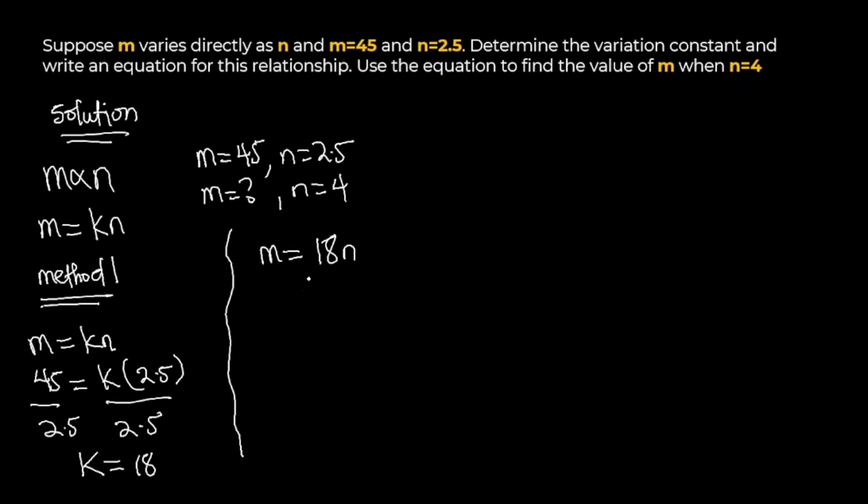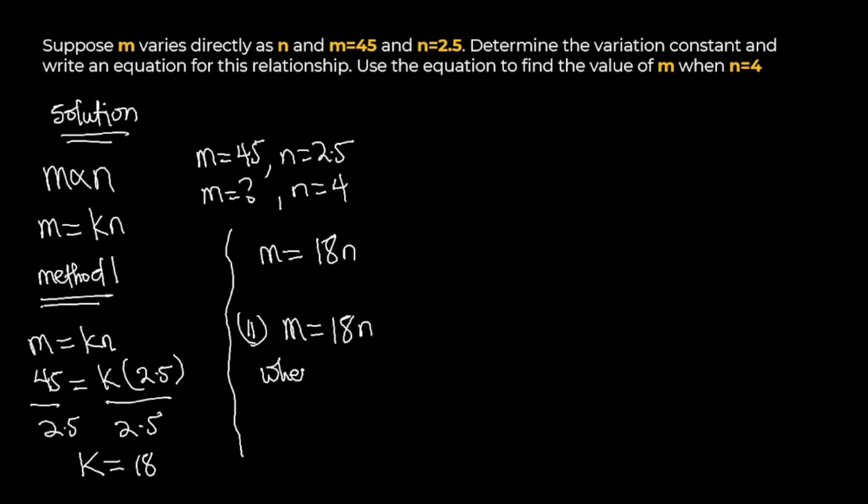Now, moving on, we want to find the value of m when n is equal to 4. So for that, we quote our equation now, which is what? Let me use this as equation II. m is equal to what? 18n. We have the value of n to be 4. So we substitute that over here.